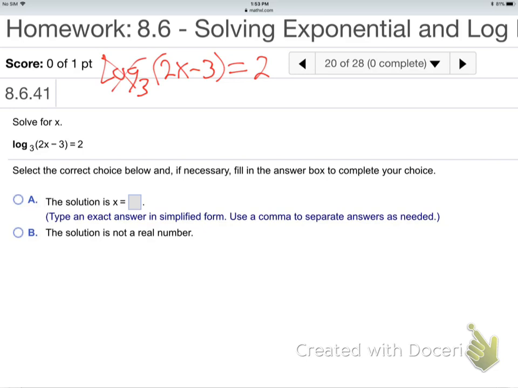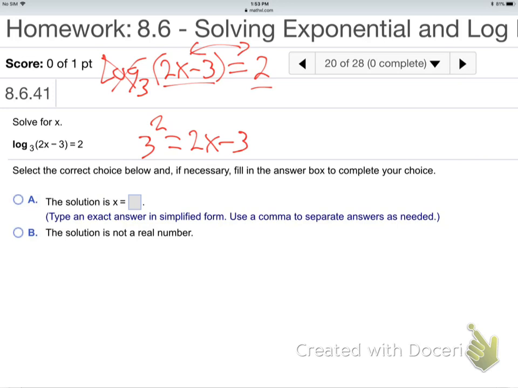So you cross off the log, base stays the base, 3, other two switch. Yep, that whole 2x minus 3 switches places with the 2. So instead of 3 to the 2x minus 3, it's 3 to the 2, and the 2x minus 3 goes over there.